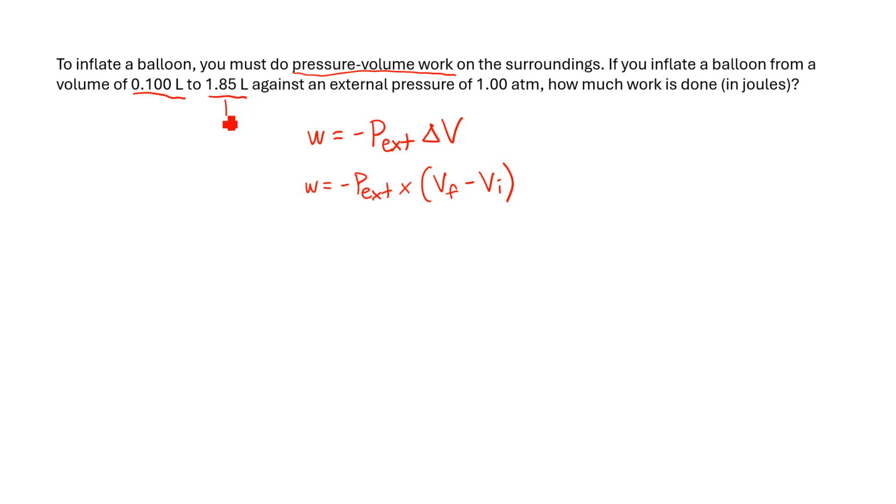So this is the final volume, and this is the initial volume. So W is equal to, and they also told you what the external pressure is, 1 atm. So let's just plug that in. It's going to be negative 1.00 atm times your final volume, which is 1.85, minus your initial volume, which is 0.100.